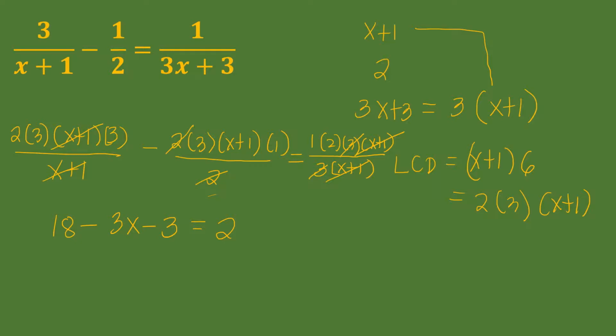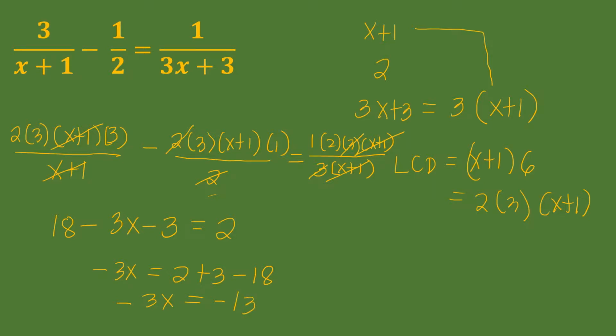So combine similar terms, so that would be negative 3x equals your 2 plus your 3 minus your 18. So that will be negative 3x is equal to 2 plus 3 equals 5, 5 minus 18, so that will be equal to negative 13.